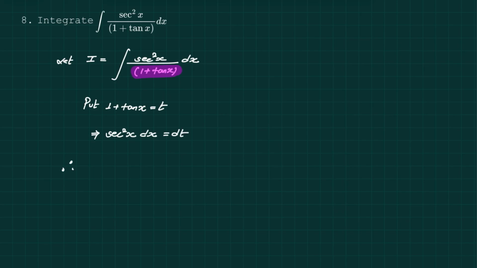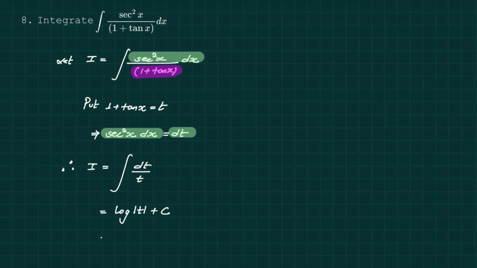Therefore my integration I will be equal to, now here if you see, sec square x into dx from this equation is dt, so there it will be dt at numerator divided by 1 plus tan x, which is t. So integration of dt by t is log of t plus c. Putting back the value of t, we will get log of 1 plus tan x inside logarithm plus c.